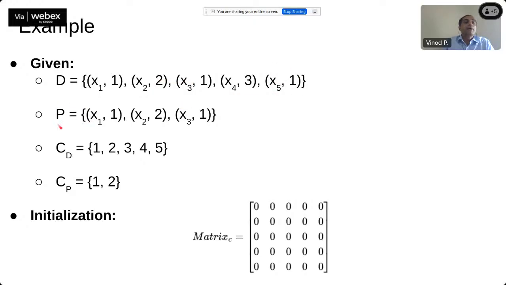Let us say the private data set, represented by set P, is X1 belonging to class 1 until X3 belonging to class 3. I want to forget all these instances.